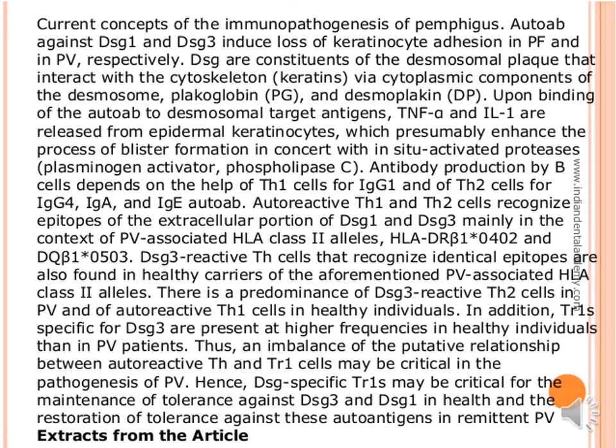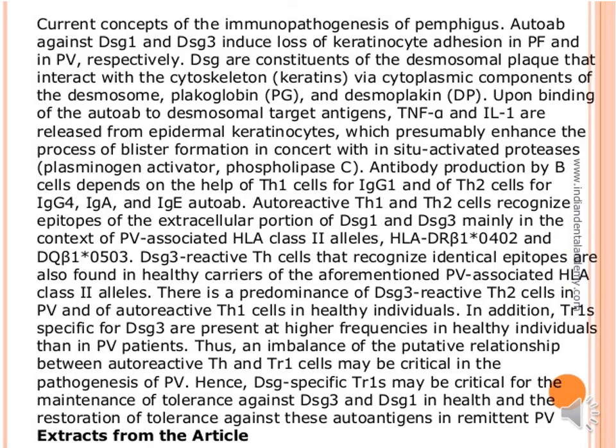phospholipase C. Antibody produced by B cells depends on the help of the Th1 cell for IgG1 and the Th2 cell for IgG4, IgA, and IgE autoantibodies.